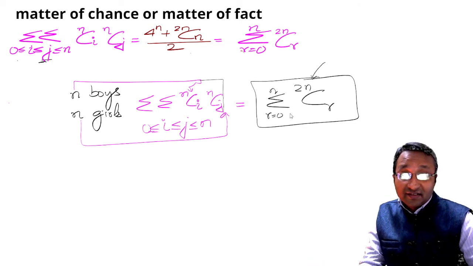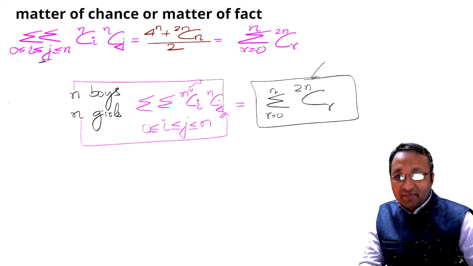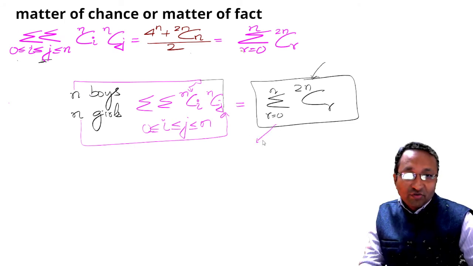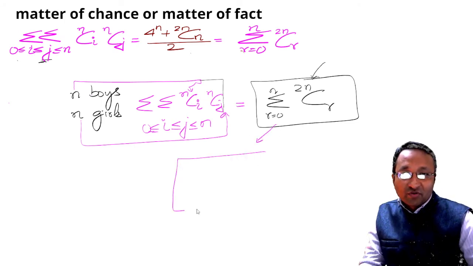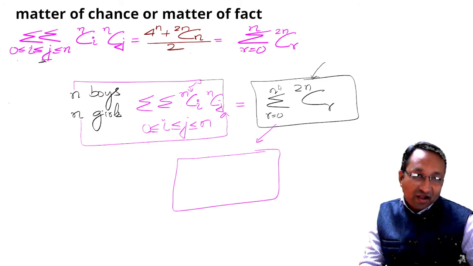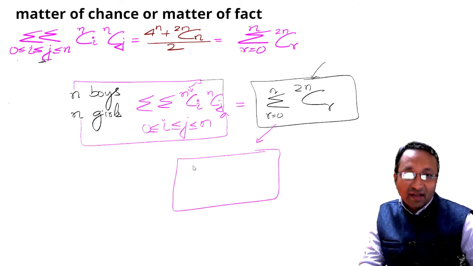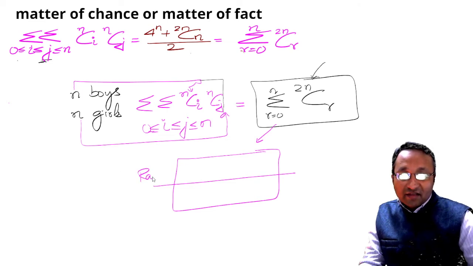If I can justify these countings to be the same, the result is done, and this can be done pretty easily. All you need to do is, whatever students you have chosen, half or less than half from the entire pool, ask them to go to room number 1.